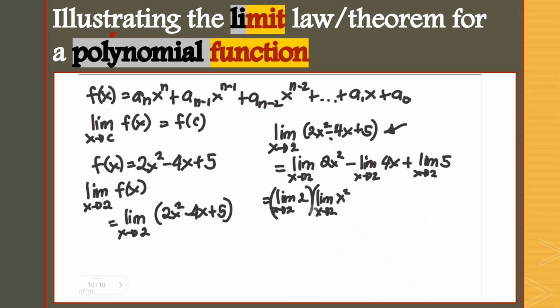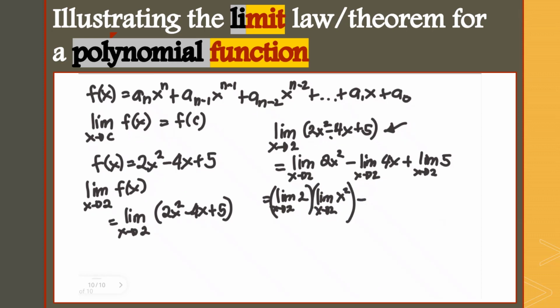This is the limit theorem of the product. Minus, same thing here, the limit of 4 as x approaches 2. This is why these theorems are very long to write. Plus still the limit of 5 as x approaches 2. This is very long using the previous limit theorems.